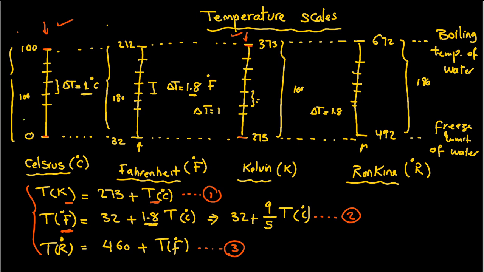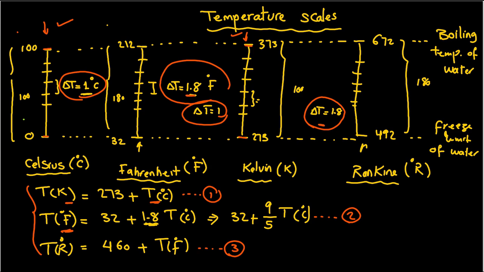The second important thing to consider here is the relationship for the delta T. You will realize that delta T on the Celsius and Kelvin scales are the same, and delta T on the Fahrenheit and the Rankine scales are the same.